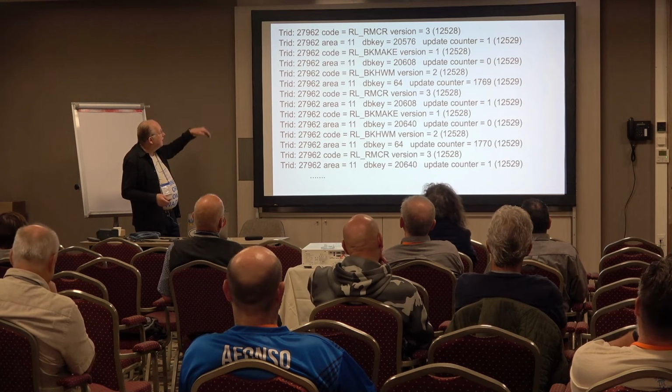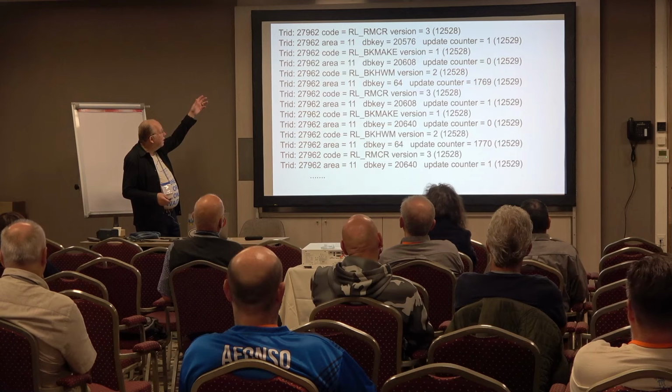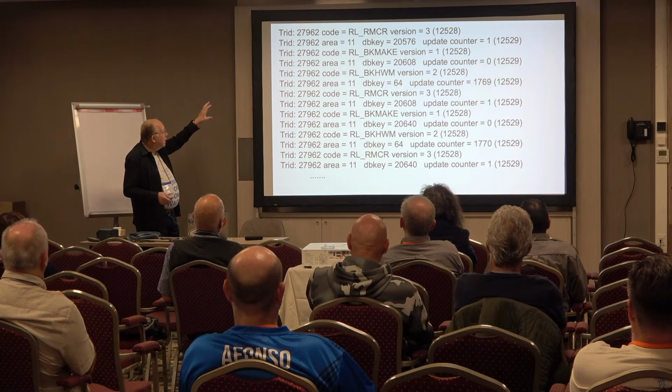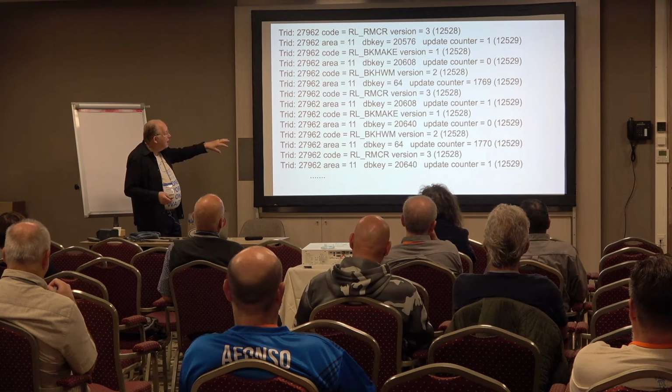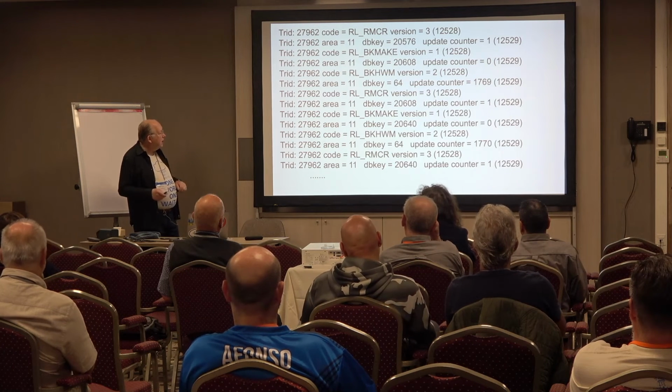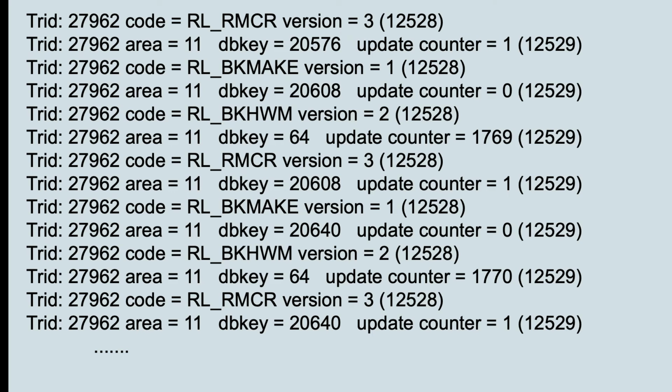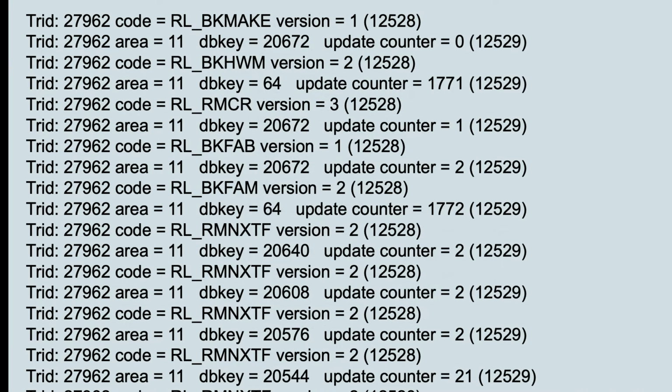So here's some more. We're creating another fragment, doing some more chaining operations, creating another fragment, and then chaining those, and so on. So that goes on for a while, creating all these fragments.